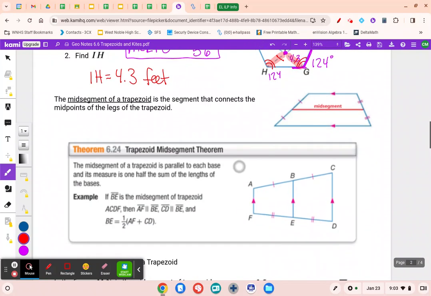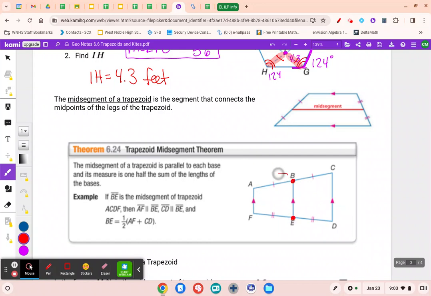All right, moving on. We have the midsegment of a trapezoid. This is another thing we know. The midsegment of a trapezoid is the segment that connects the midpoints of the legs of the trapezoid. So the midsegment of the trapezoid is parallel to each base, and it measures 1/2 the sum of the lengths of the bases. Guys, basically, it's just the average, okay? These are midpoints.